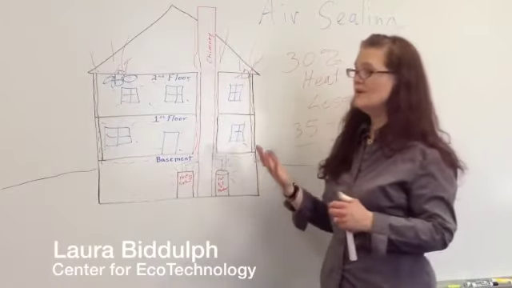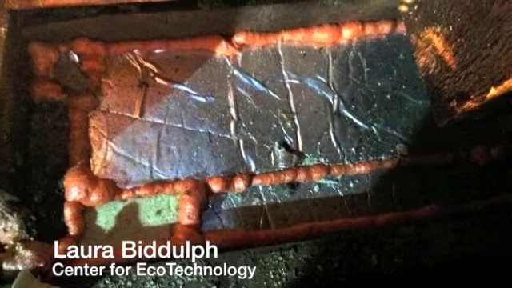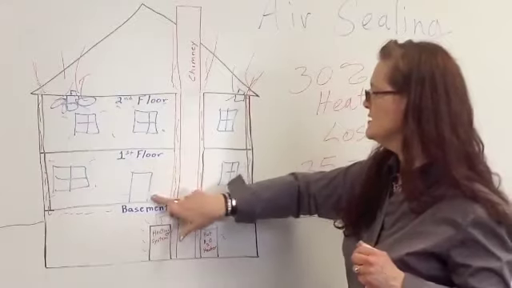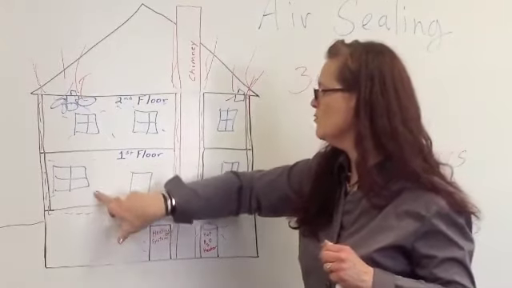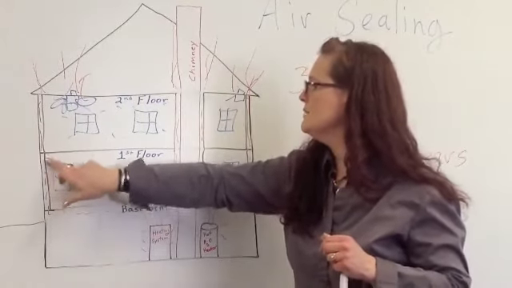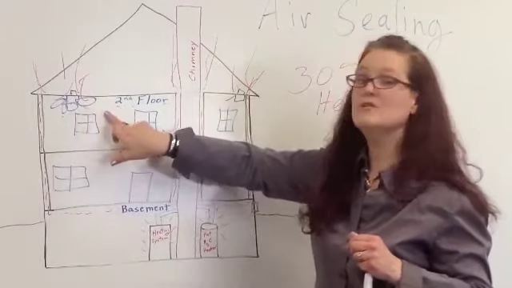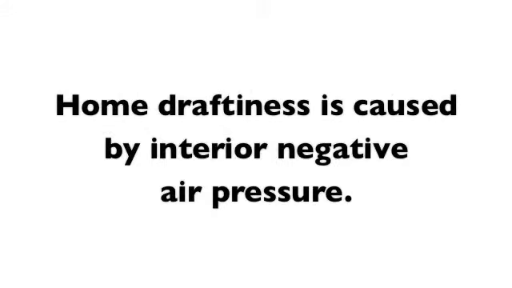And in doing so, ultimately, we end up reducing the amount of chilly air that gets sucked into our home around our windows and our doors because we've taken care of the root cause of the problem.